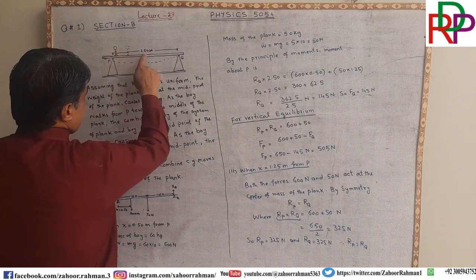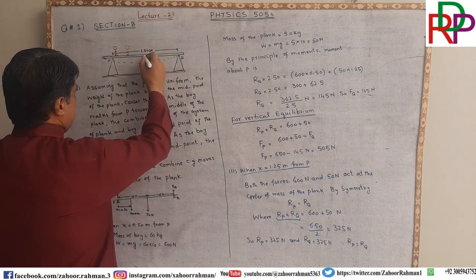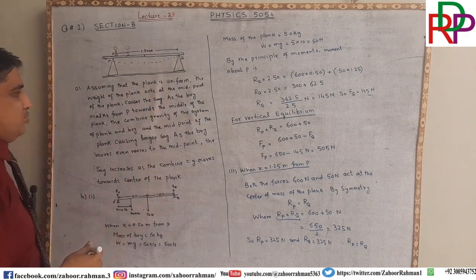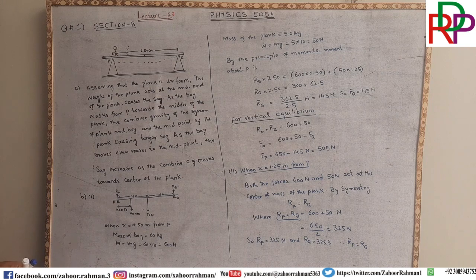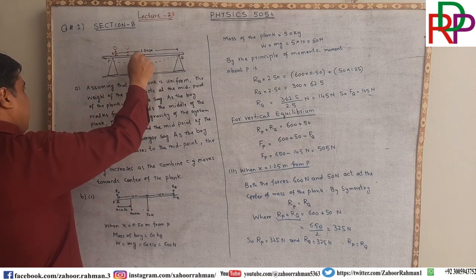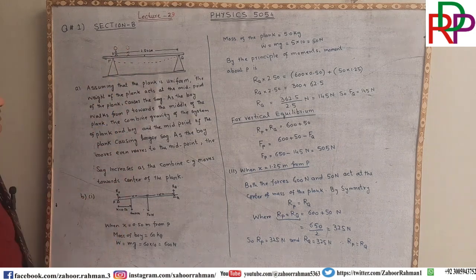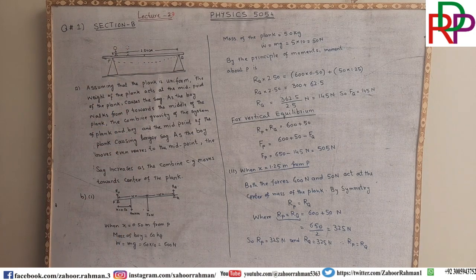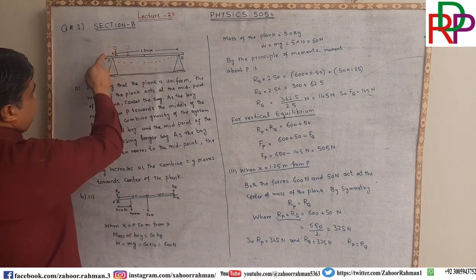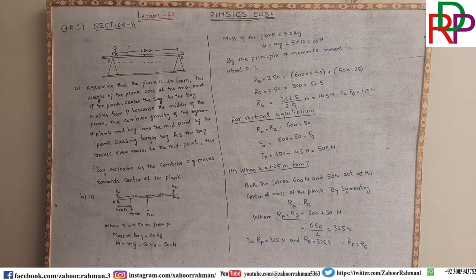The plank also has a center of mass. The total mass is acting at that particular point, and there is 5 kilogram of plank here, and 60 kilogram is the student, who is moving from one point to another point.